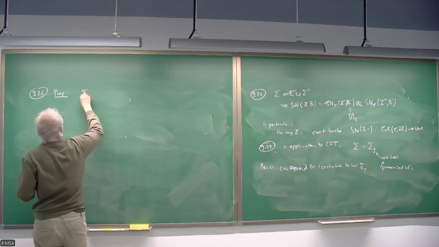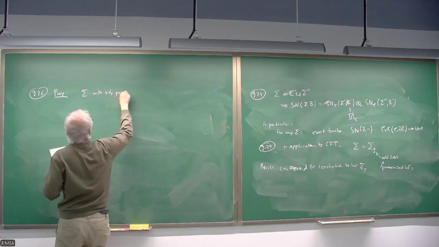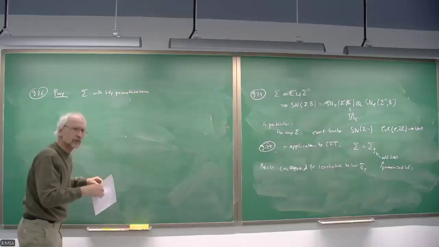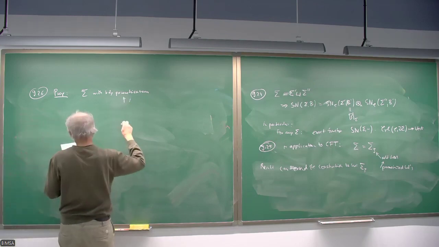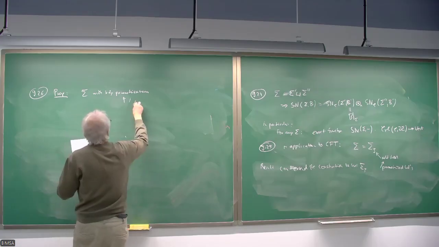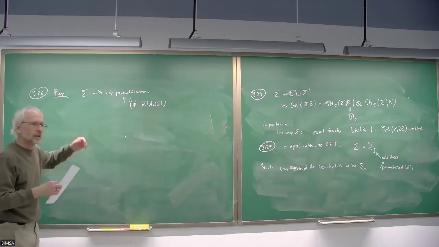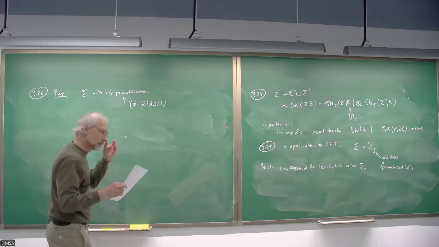I take a Sigma with boundary parametrization, and I don't write this in any detail, but remember that this in particular means that we have two maps phi minus and phi plus, where the images of these are regarded as incoming respectively outgoing parts of the boundary.